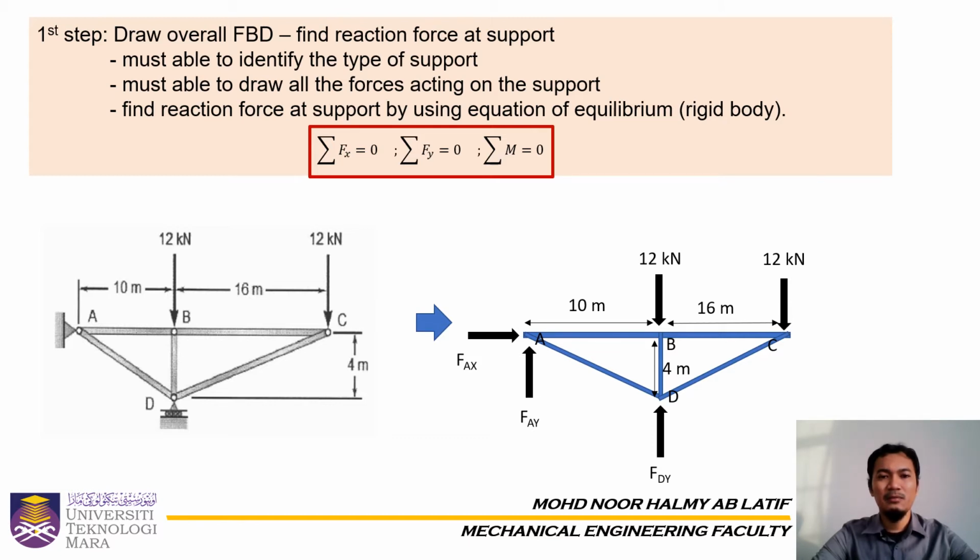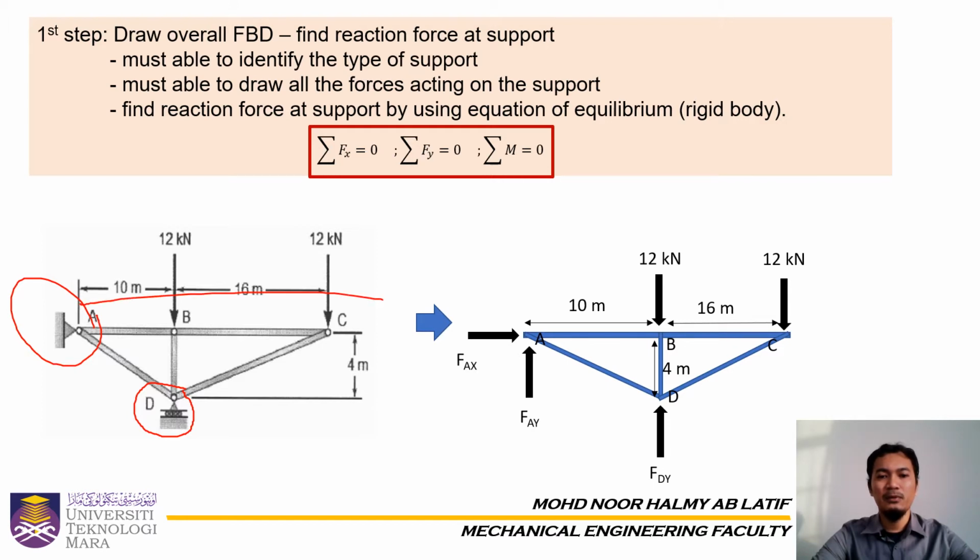Here we must identify the type of support that we have. In the example, it's clearly stated that we have a pin support at A and a roller support at D. By referring to the previous chapter, we already know the kind of reaction that we get for each support.